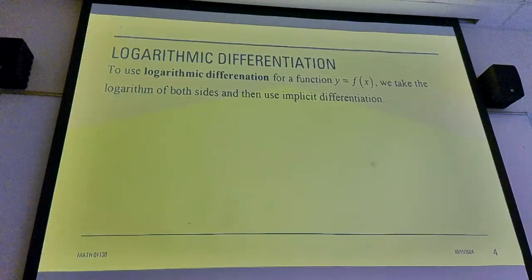We're given a function y equals f of x. What we do is we take the logarithm of both sides and then differentiate it using implicit differentiation. Specifically, we use the natural logarithm.